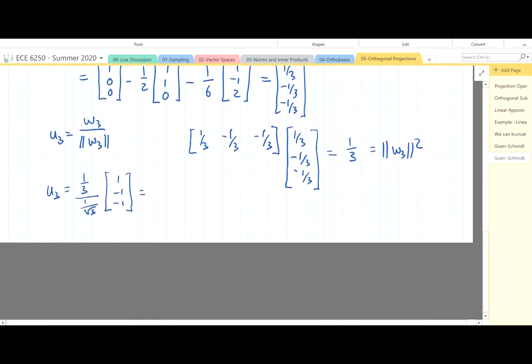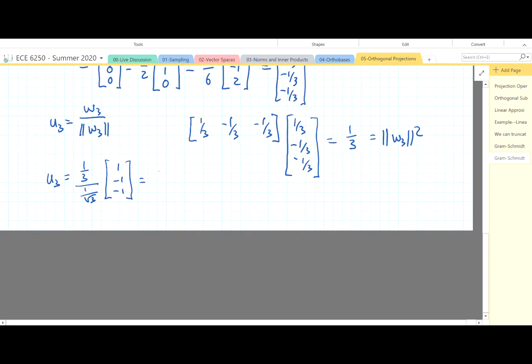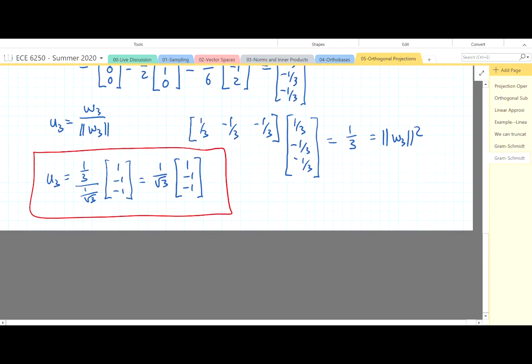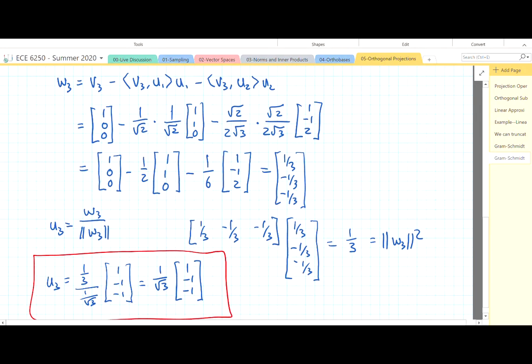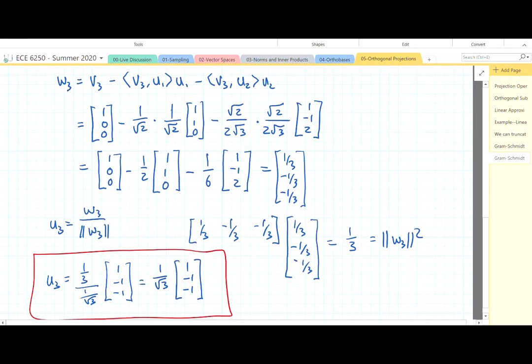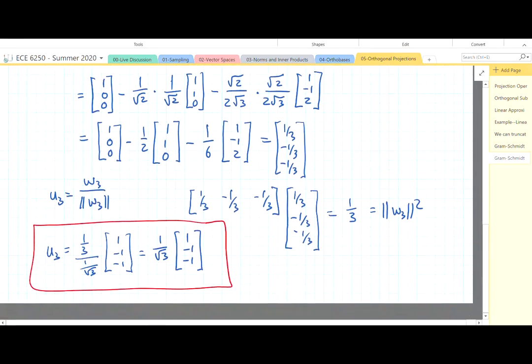Let's see, multiply 1 over the square root of 3 times 1, minus 1, minus 1. And there we go with our orthonormal basis. And you could try this out and see that, yes, indeed, this does the trick. And we actually have an orthonormal basis.